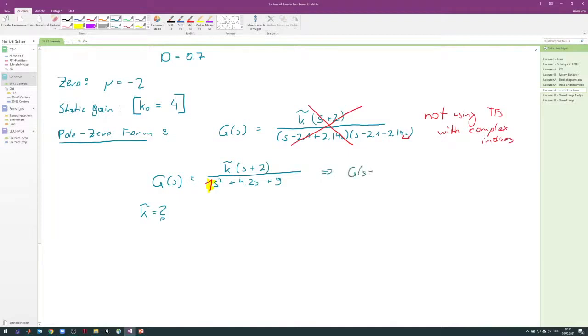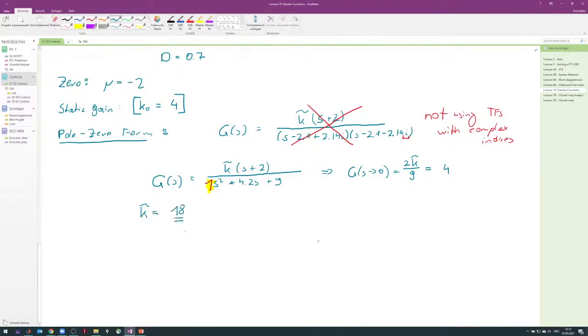So if you put G of s to 0, 18, yes, that's correct, right? Because you have 2 times K tilde over 9, and this needs to be 4. So it's 36 over 2, so your K tilde needs to be 18, right?